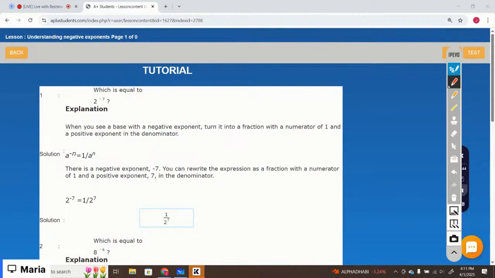When we see a base with a negative exponent, we can turn it into a fraction with a numerator of 1 and a positive exponent in the denominator. Like if you have a exponent negative n, you can write it as 1 over a exponent n. So here we have 2 exponent negative 7. You can make it positive by writing it in the denominator of 1. That is 1 divided by 2 exponent 7.